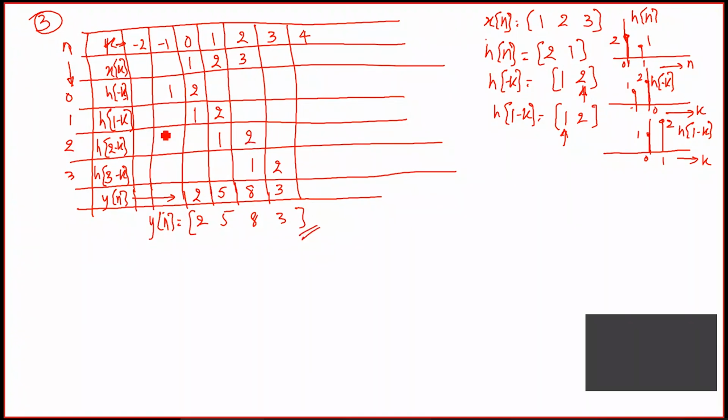So this is the third method, where we actually write one term as it is, the x of k part. The other term we flip and then shift. So this is at times referred to as flip and shift method.